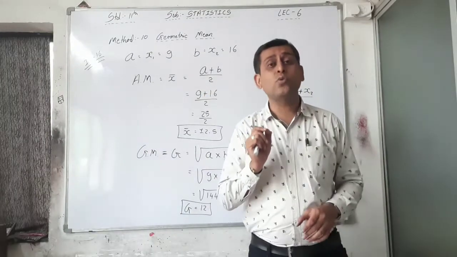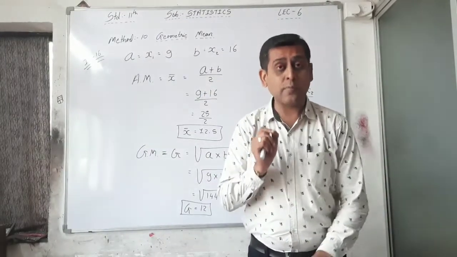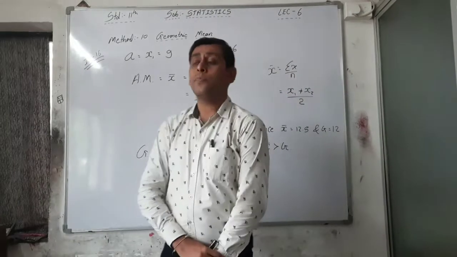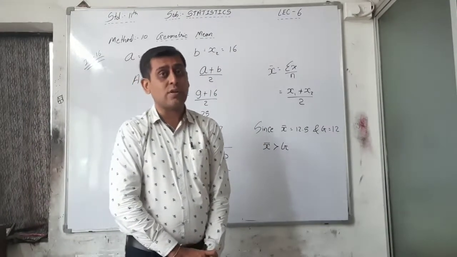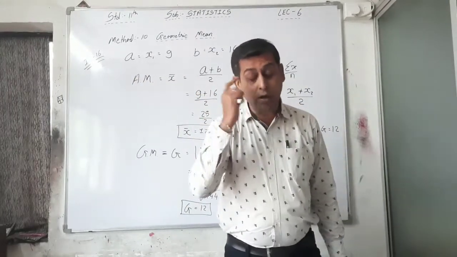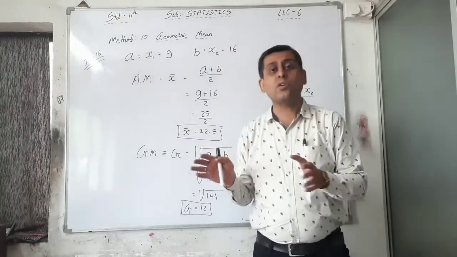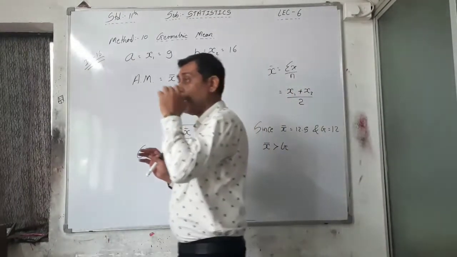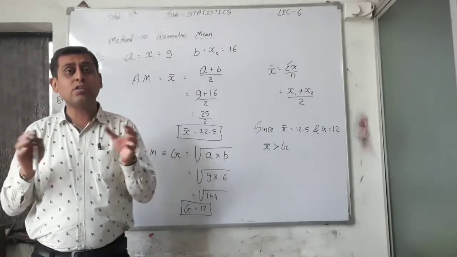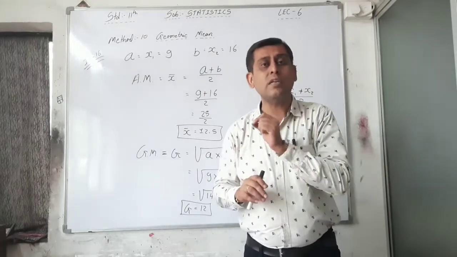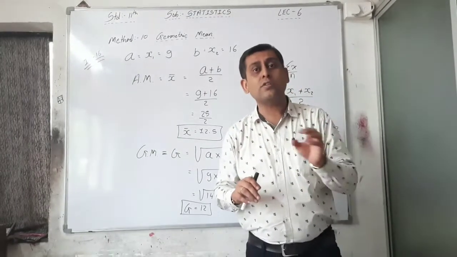But we have to know at which time we can use the geometric mean, because in the examination there is no specification regarding which topic the question is from. In the examination we have to write all the sums in one paper, with sections A, B, C, D, E, all the sections.